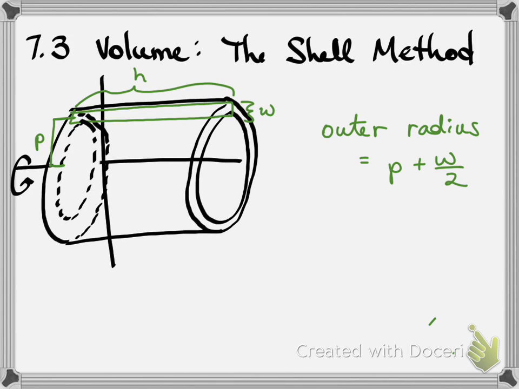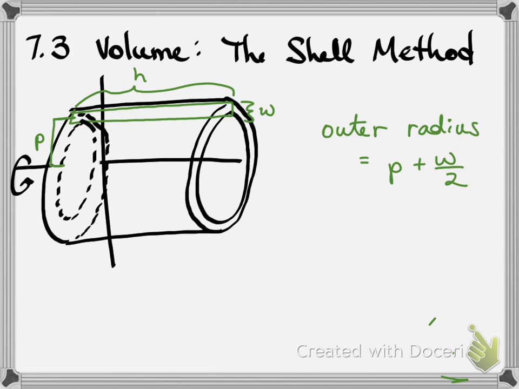So it's P plus half of W. Remember, P just went from the center of the rectangle to the axis of revolution. So to get the full radius to the outside, we have to take half of that W and add it to the P.